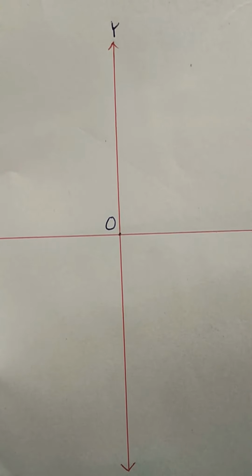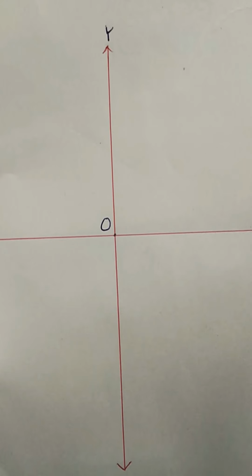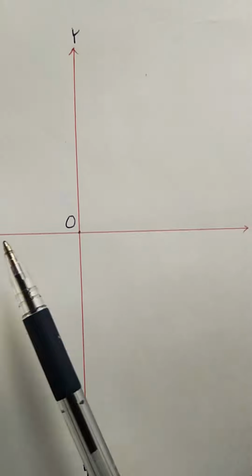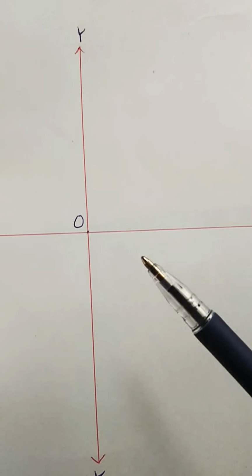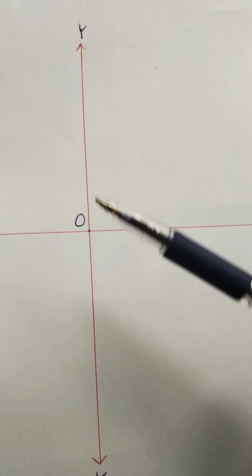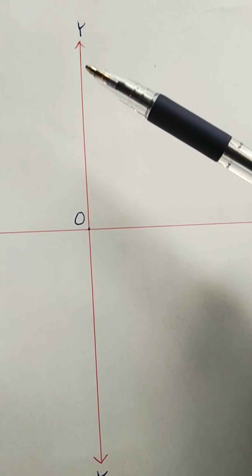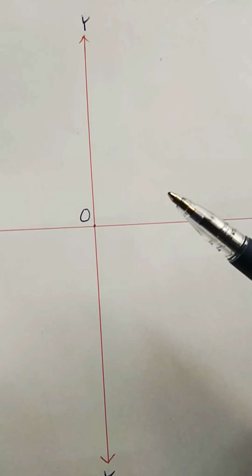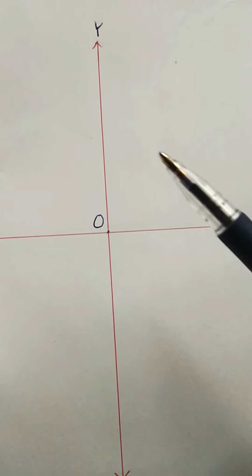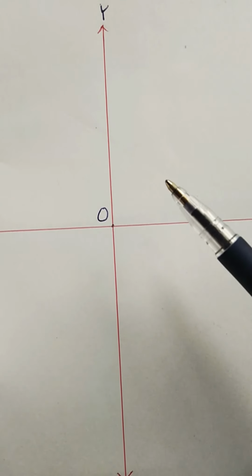The line which is parallel to the horizon is known as the x-axis, and the line which is perpendicular to horizon, that is the vertical line, will be known as y-axis. They will be perpendicular to each other, and the plane containing these axes is known as Cartesian coordinate plane.